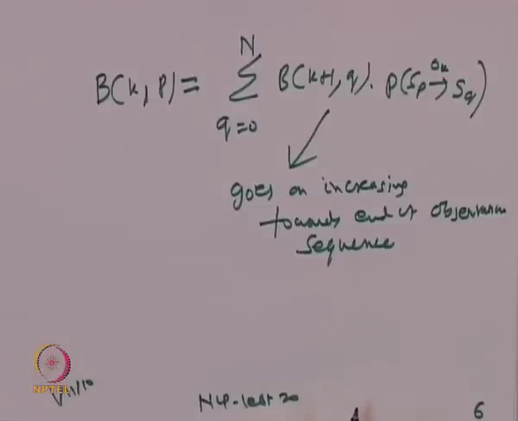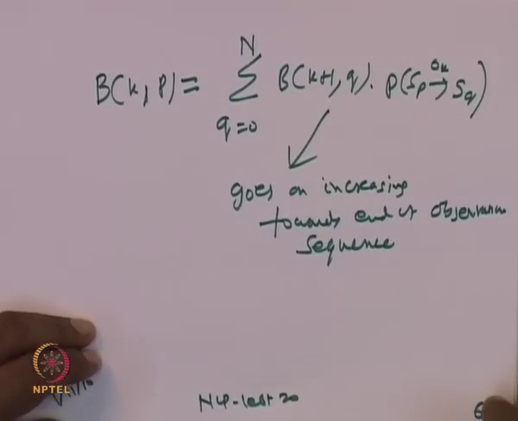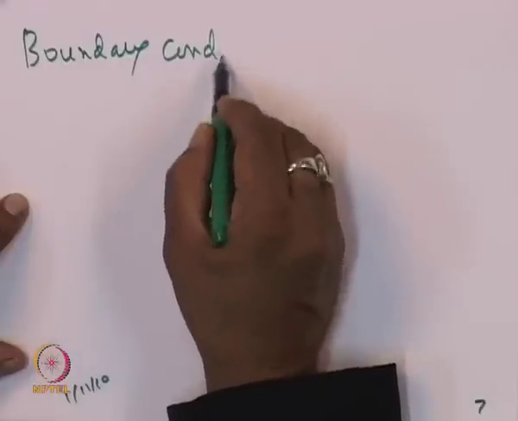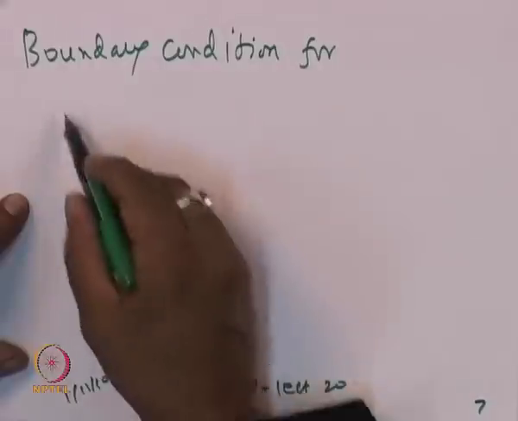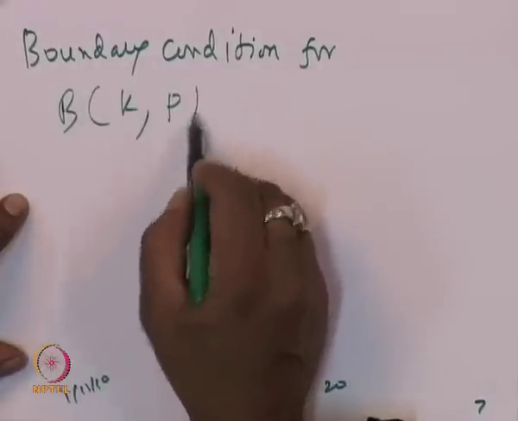All right. So, we must have a boundary condition. So, we write this boundary condition here. Boundary condition for BkP.